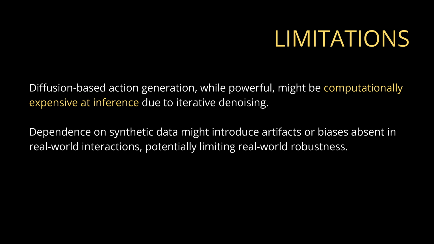It is so easy, but careful, there are limitations. And you know immediately, if I talk about diffusion-based action generation, it is computationally expensive, especially at inference time. So yes, you have to pay Nvidia, and yes, you have to go for the latest technology, not the latest technology, but the latest cards by Nvidia.